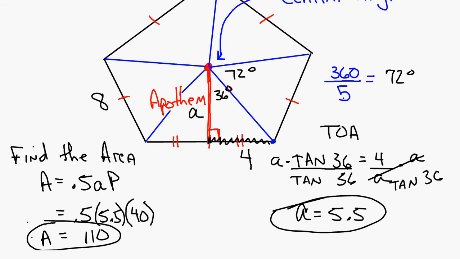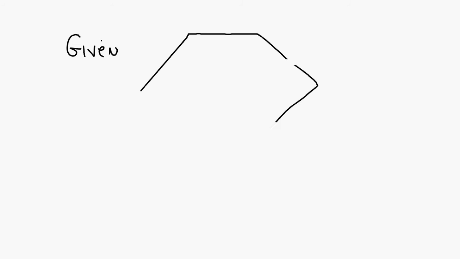Okay, what about this? Let's say we're given 1, 2, 3, 4, 5, 6. Okay, that's a regular polygon, I swear it is.